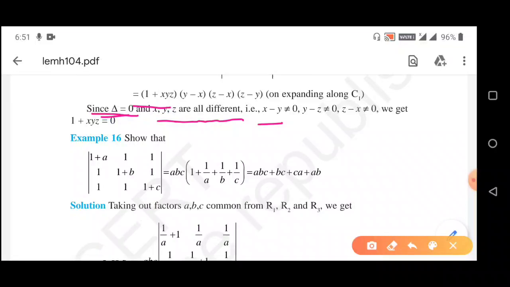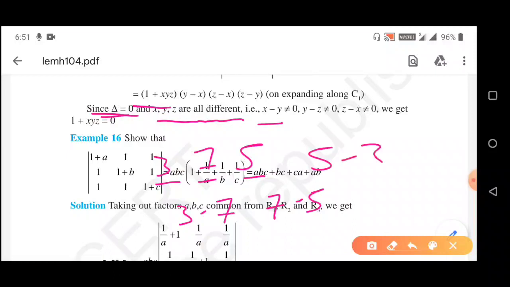See, if we take one example, suppose x is 3, y is 7 and z is 5. If we write 3 minus 7, it is not equal to 0. 7 minus 5, not equal to 0. 5 minus 3, not equal to 0. 7 minus 3, not equal to 0. So we will never get 0 since x, y, z are different.